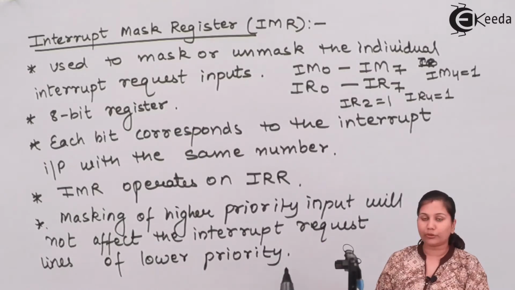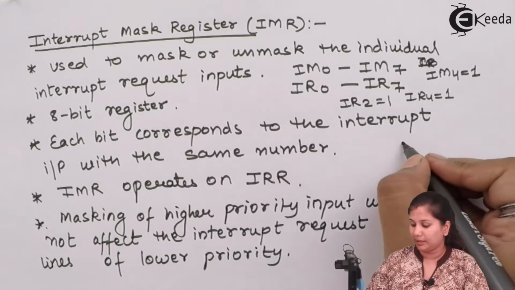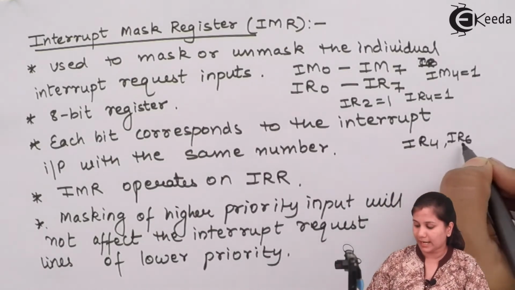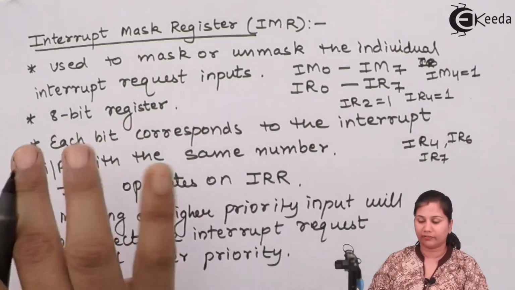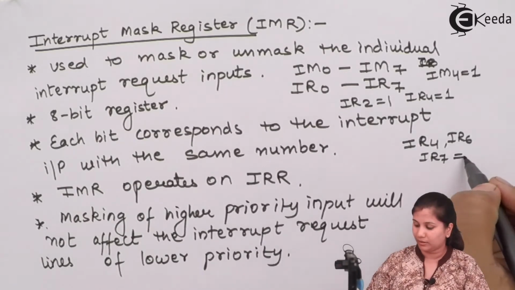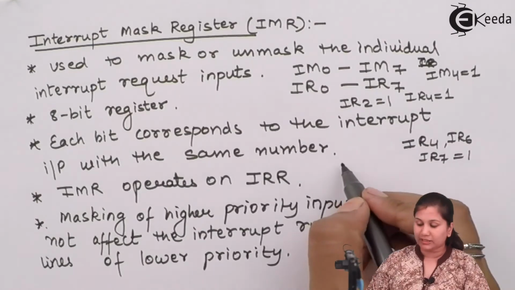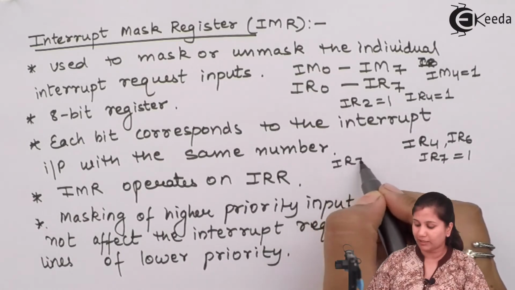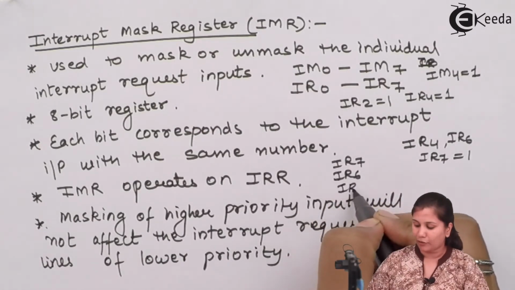Now suppose that three interrupts are simultaneously given. Let's take an example: IR4, IR6 and IR7. These three interrupts are given. Among these three, IR7 has the highest priority, then IR6 and then IR4.